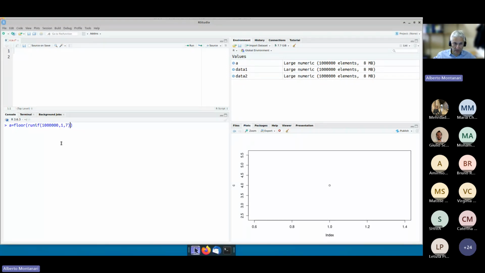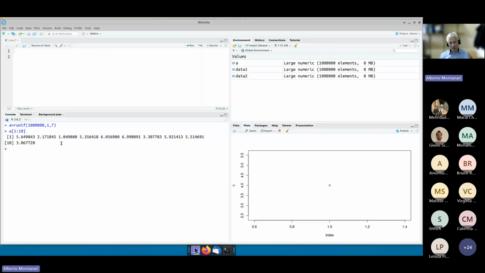Let me generate this random variable 1 million by removing the function floor. If I remove it, the result is real numbers, not integers. Let's show the first 10 numbers of A. You see, real numbers.